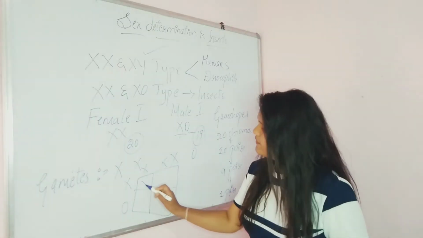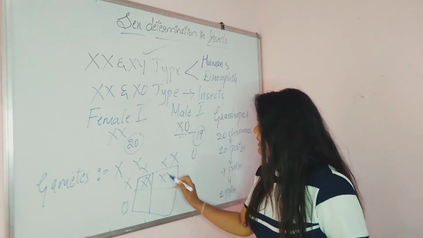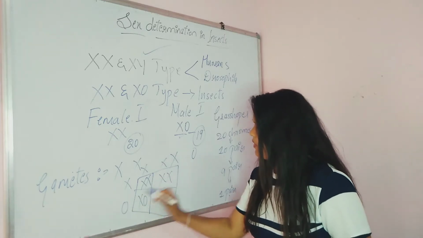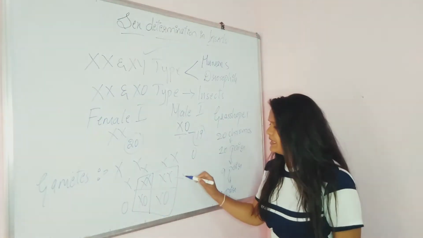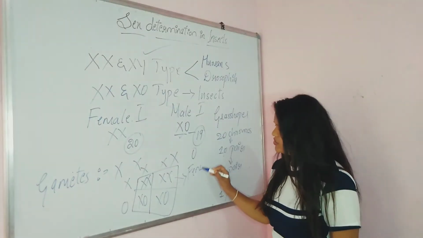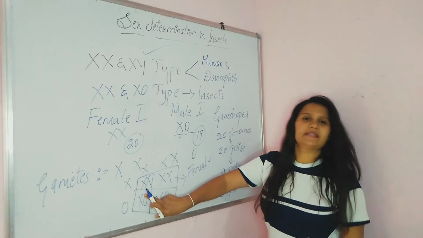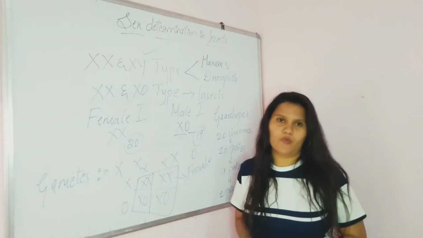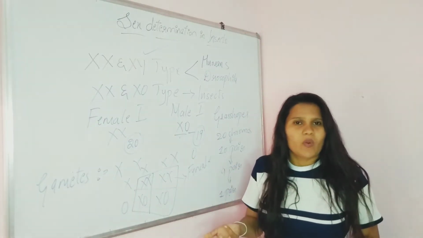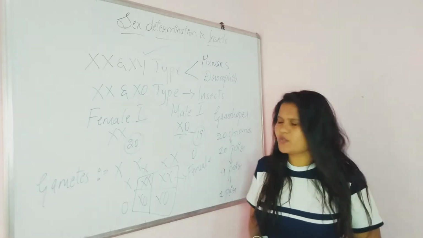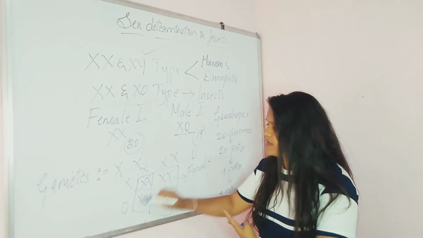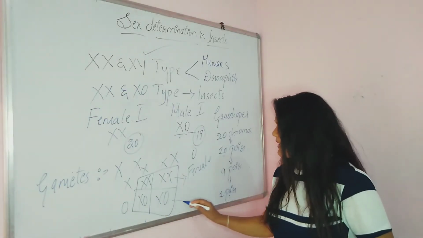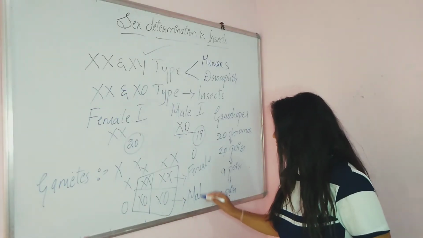By crossing we get XX, XX, X0, X0. XX are the female insects, where the X got fused with the X chromosome, so what will be produced? Females only. Suppose the X gets fused with the 0, then we get X0, that is the male.